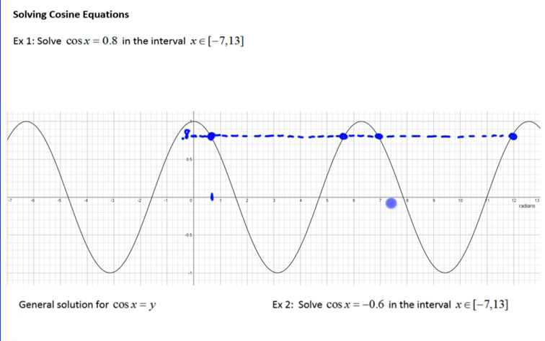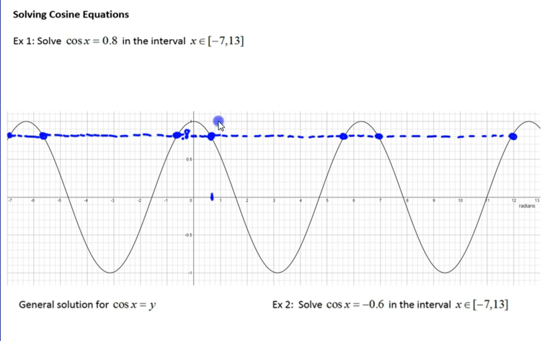If I go into the negative direction, I will also find another one here. And if I continue on across, 2 more here and here that all have y values of 0.8. So I'm actually looking for 1, 2, 3, 4, 5, 6, 7 different x values. If I go straight down from each of these points, I will find an x value associated with each of these y values, and every y value is 0.8.